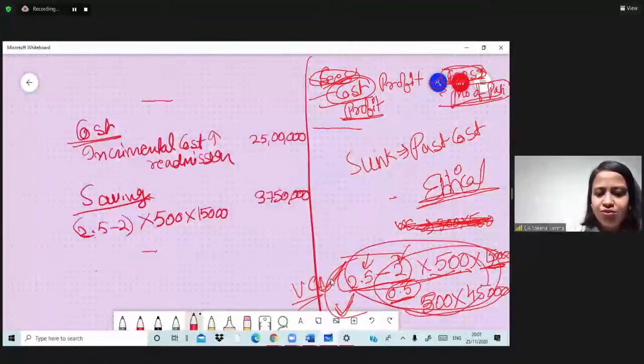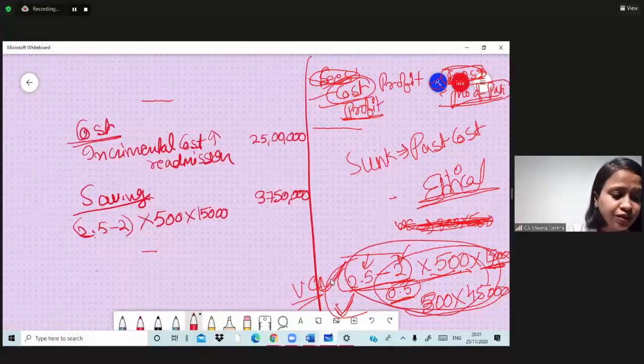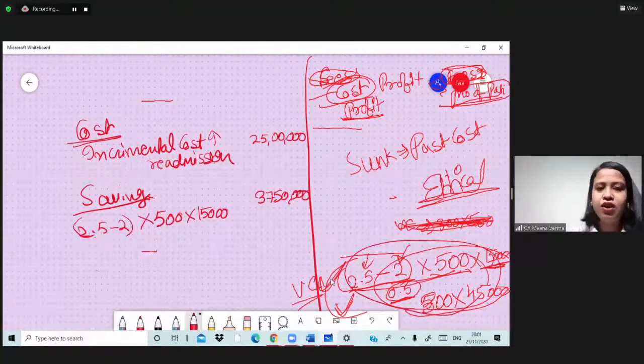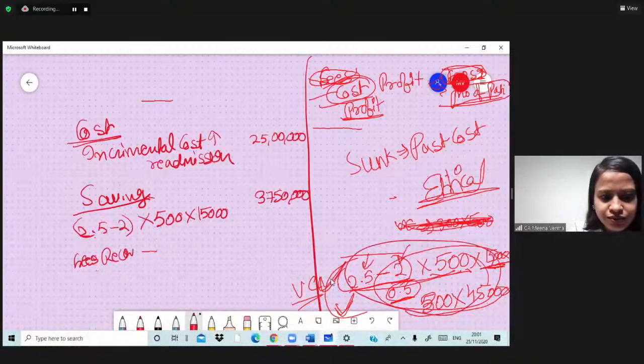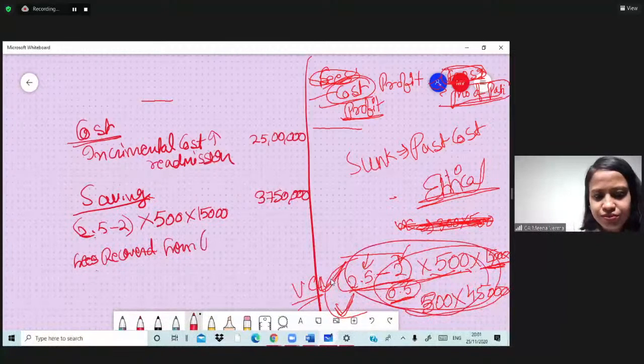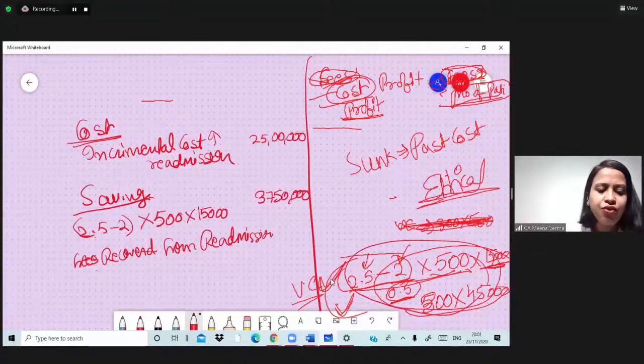One more saving is that 300 more patients are coming for readmission. Fees are recovered from the readmission.